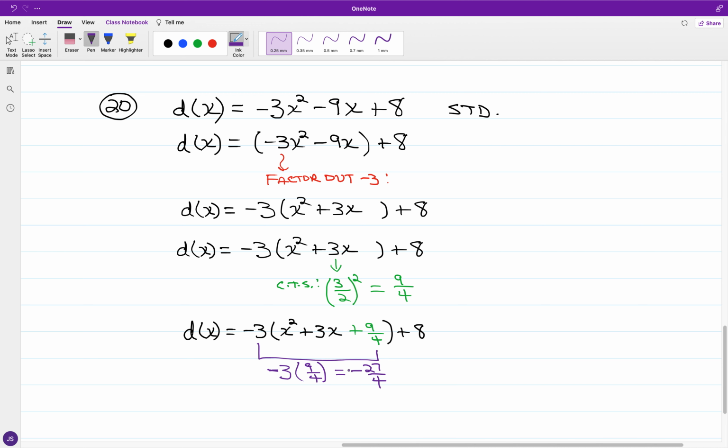So I'm creating a bit of a deficit at the front, and to override the deficit, what I'm taking away at the front, I'm going to add at the end. So in this case, I'm going to have 8 plus 27/4.